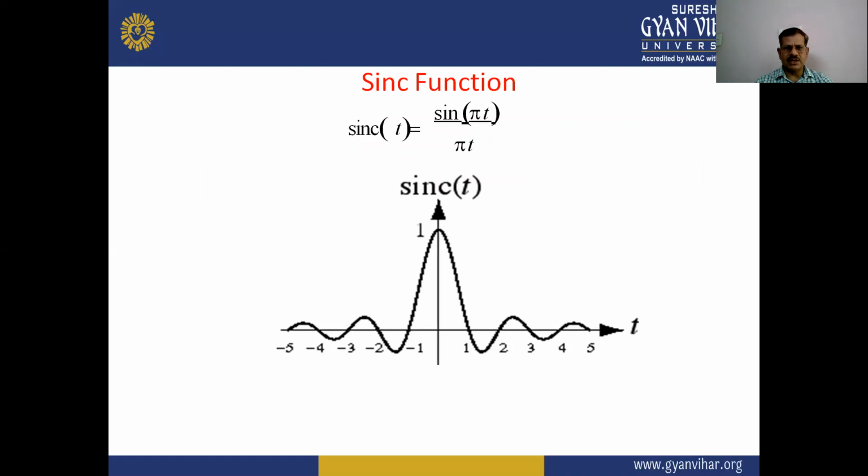The sinc function equals sine pi t upon pi t, and that is represented in this graphical representation between sinc function versus time t, and the variation of the sinc function with time, as we can see in this graph.